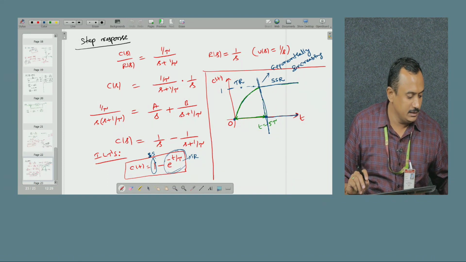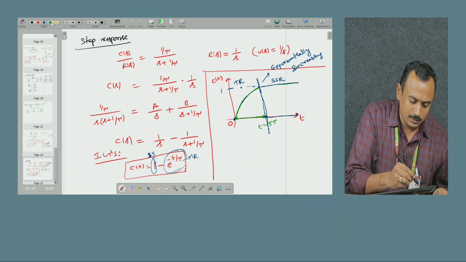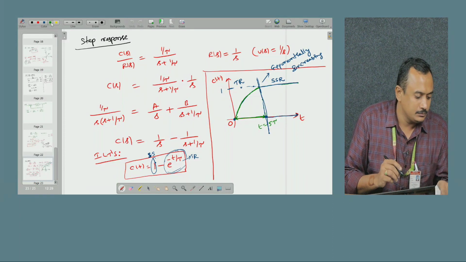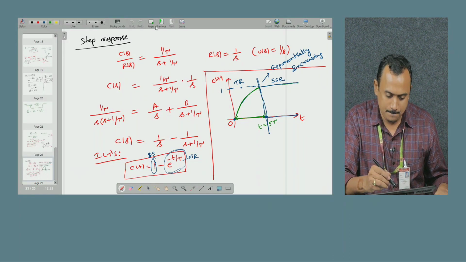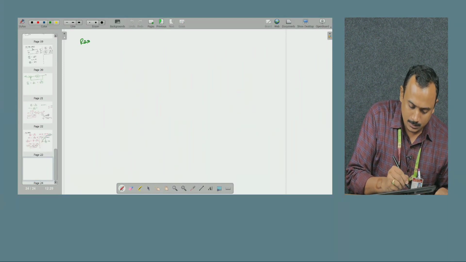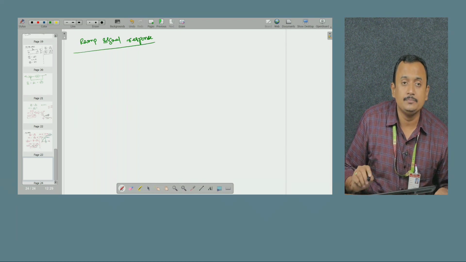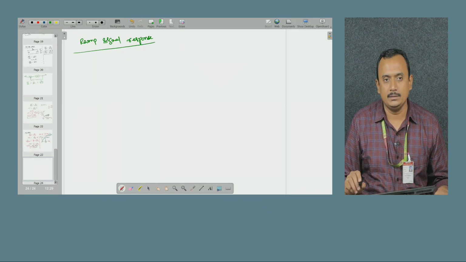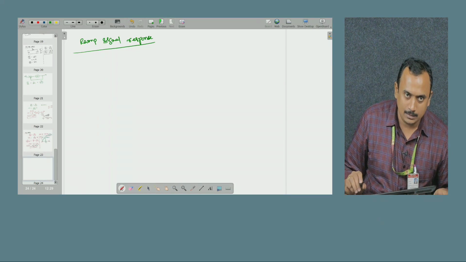Similarly, let me write the ramp signal response. See, in all these cases I am considering unit, that is magnitude is 1. Here also it is unit ramp signal.